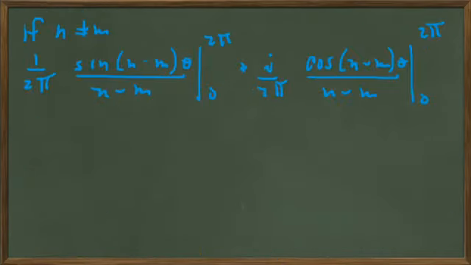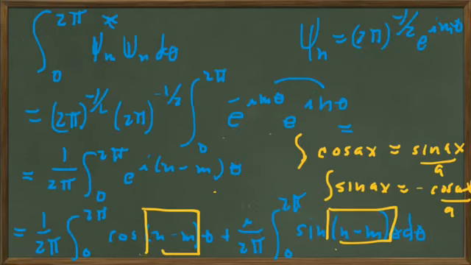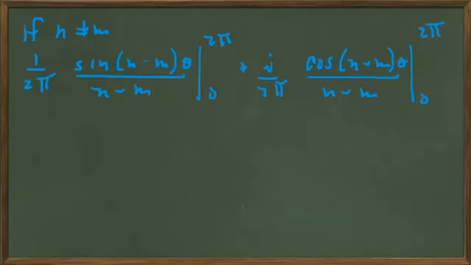We've integrated the cosine, that gave us sine of a theta divided by a, and we've integrated the i sine part over here, and that gave us minus cosine of a theta, divided by a.